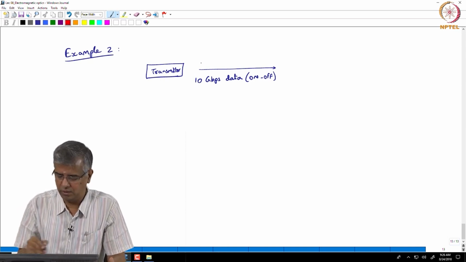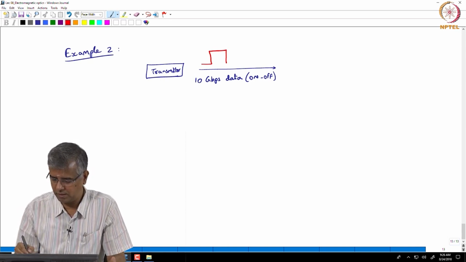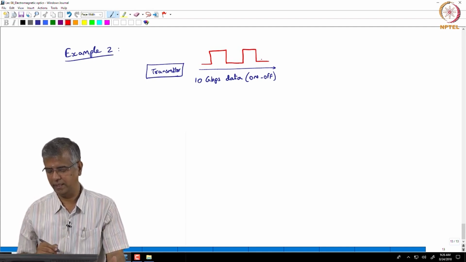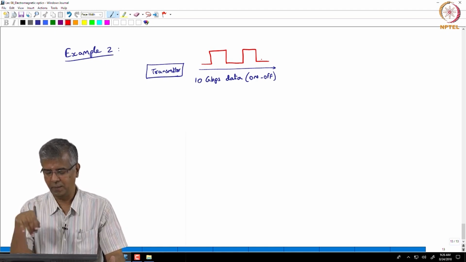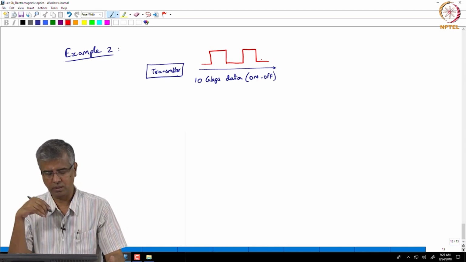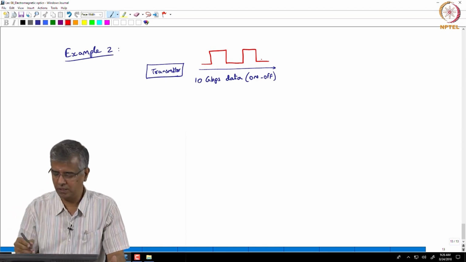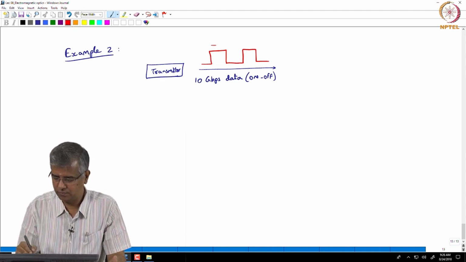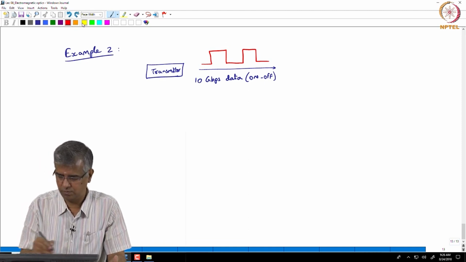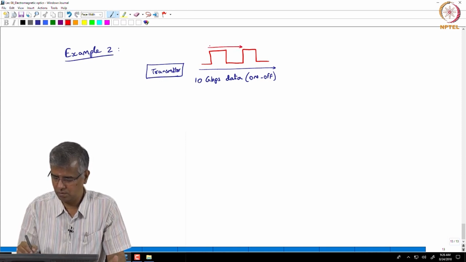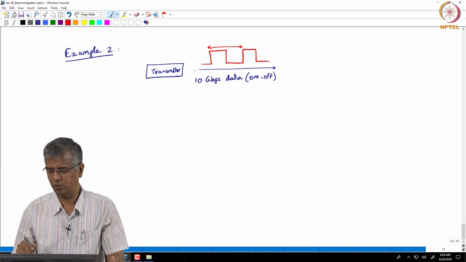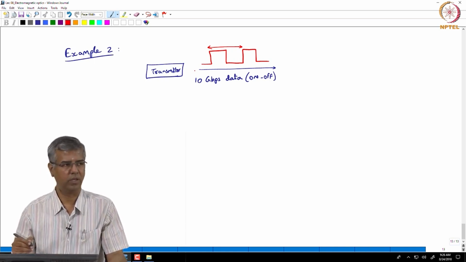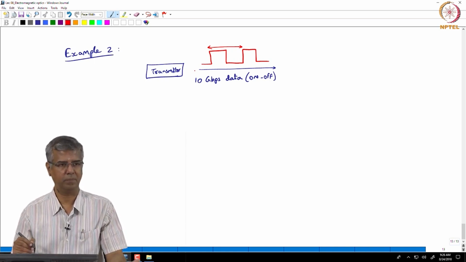So you are transmitting pulses like this, and if you are transmitting at 10 gigabits per second, the time period between two successive pulses is 1 over 10 gig, 10 gig is 10 power 9.